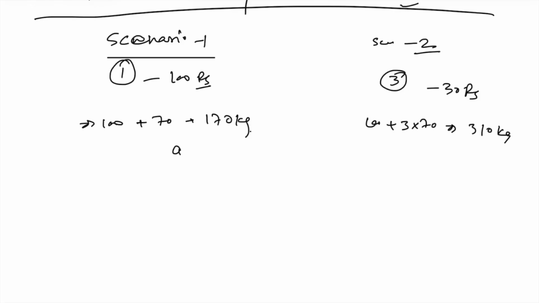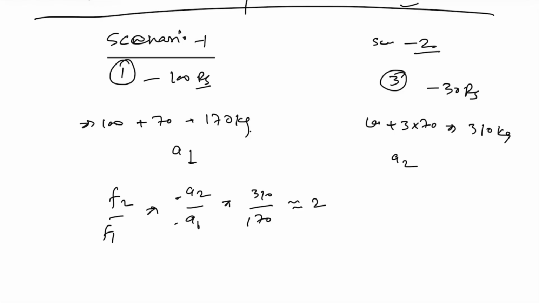So let's say scenario 1 has acceleration 1 and scenario 2 has acceleration 2. The acceleration ratio would be proportional to the weight they are carrying. So the retardation would be proportional to the mass it is carrying. So 310 to 170, which we can take roughly as 2.